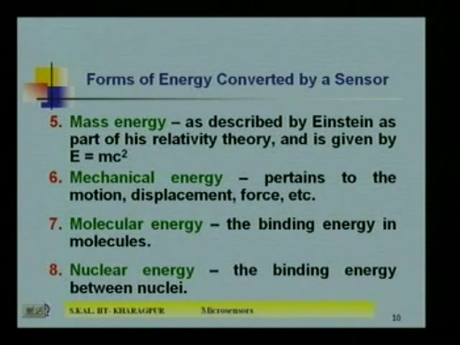Molecule to molecule, that binding energy is molecular energy, and nucleus to nucleus, that binding energy is called nuclear energy. Okay? And atomic energy is electrons with the nucleus. So, those three energies, with slight differences, are all related to the molecular structures, meaning atoms, nucleus or molecules.